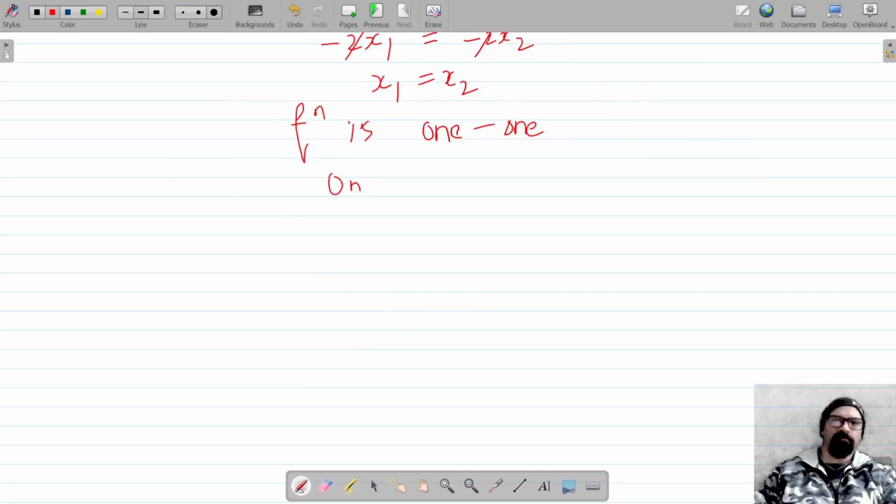Now let's check this function for onto. So how do we check this function for onto? We have to show that for every y there is an x.